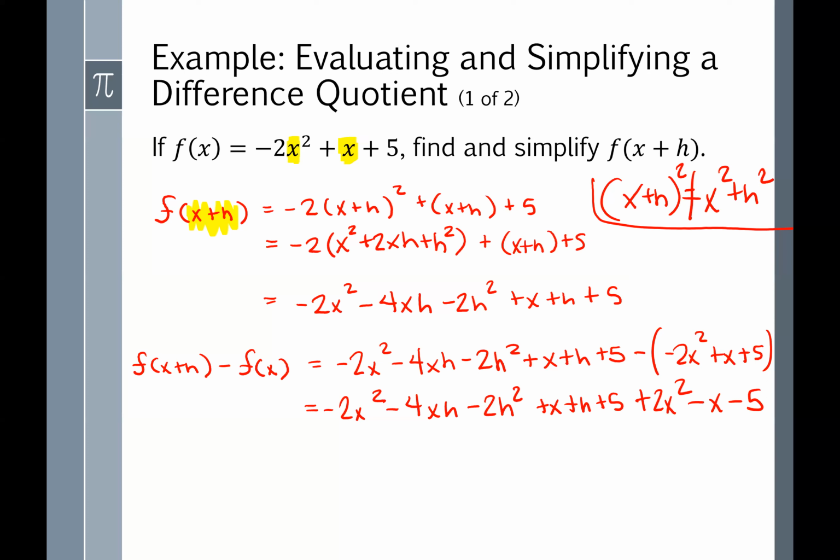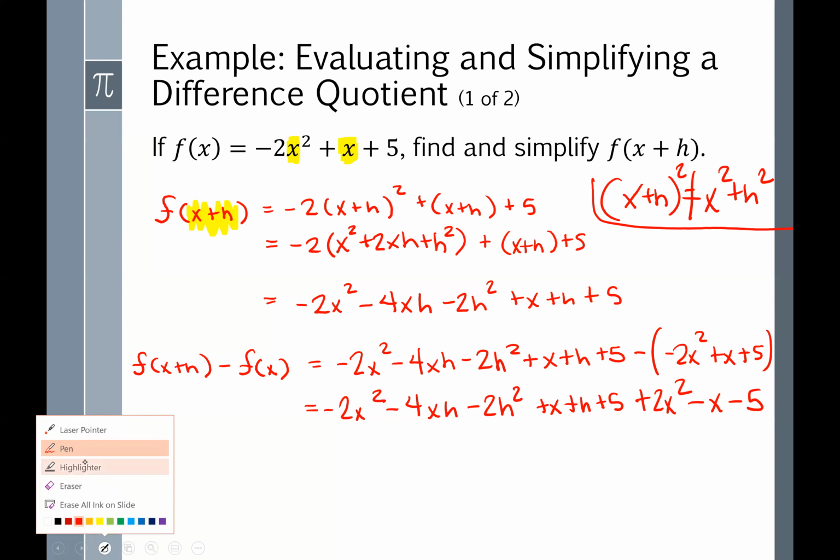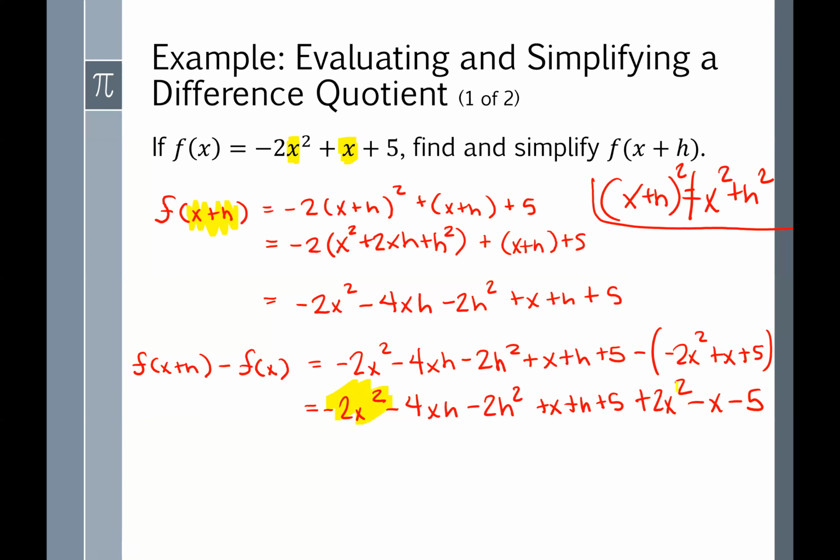Now, if you had done this correctly, every term that's a constant or only contains an x should add to 0. You should be left with only terms that contain an h. So look at this. We have negative 2x squared and positive 2x squared, which is 0.